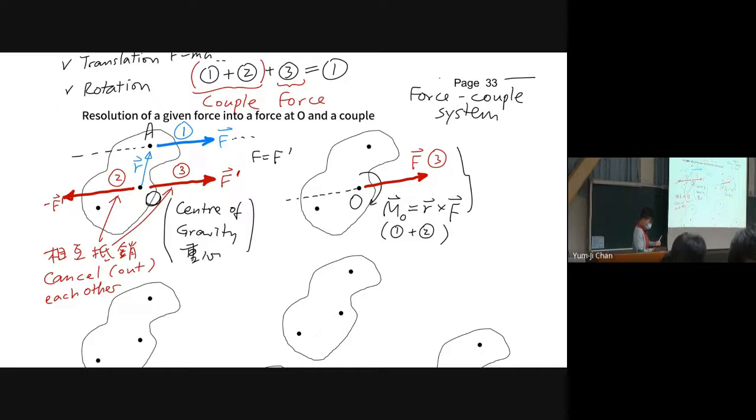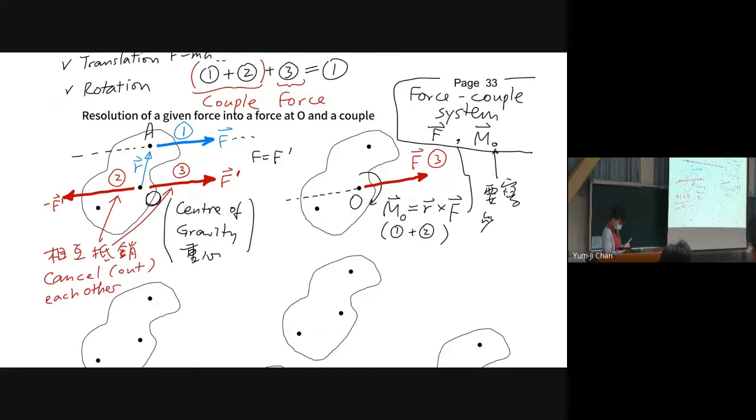And remember, a force couple system has two parts. One is F, and the other part is MO. So we have a force couple system.